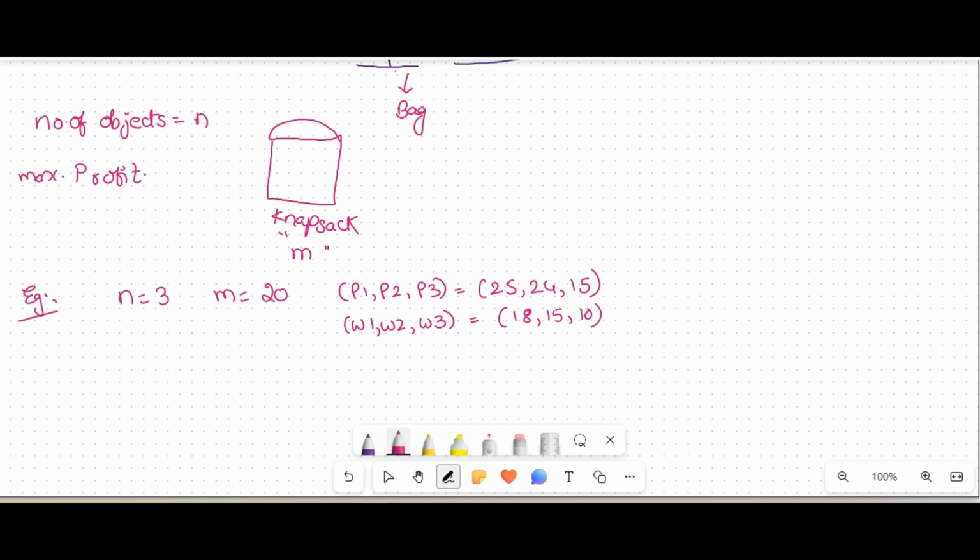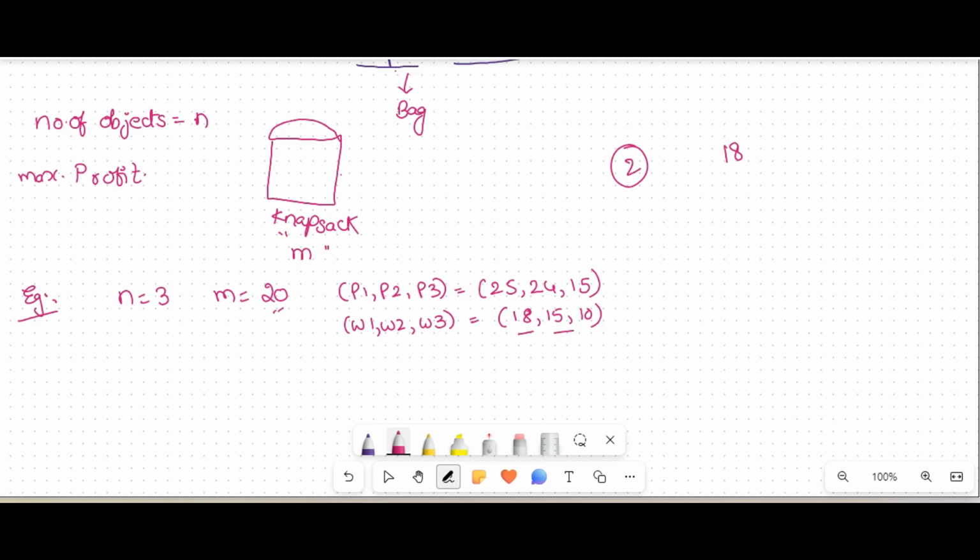If we place the first object, the weight is 18, and the capacity is 20, so only 2 more units can be inserted. That means a fraction of another object has to be placed.